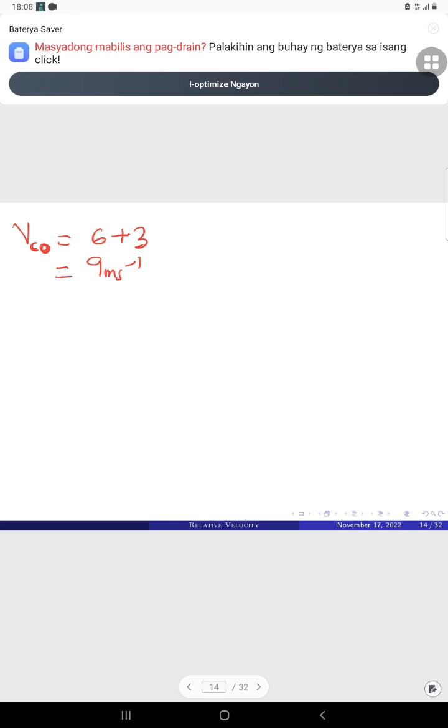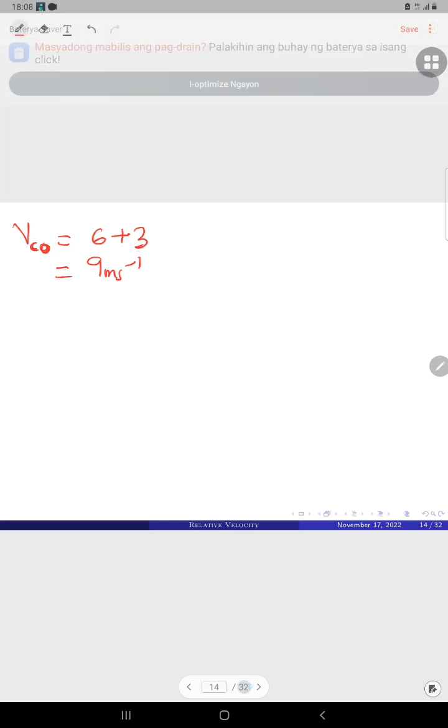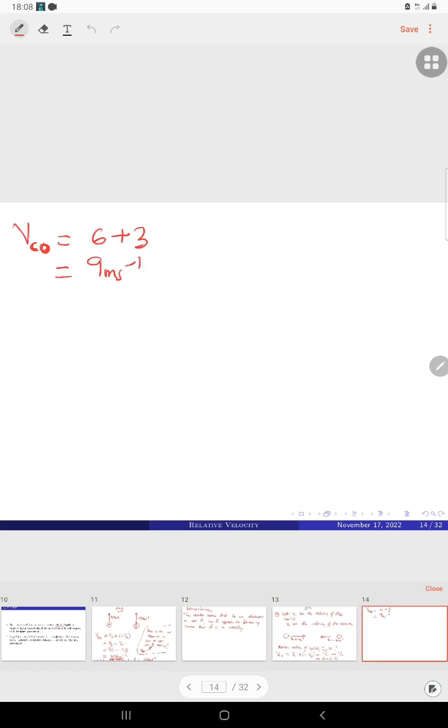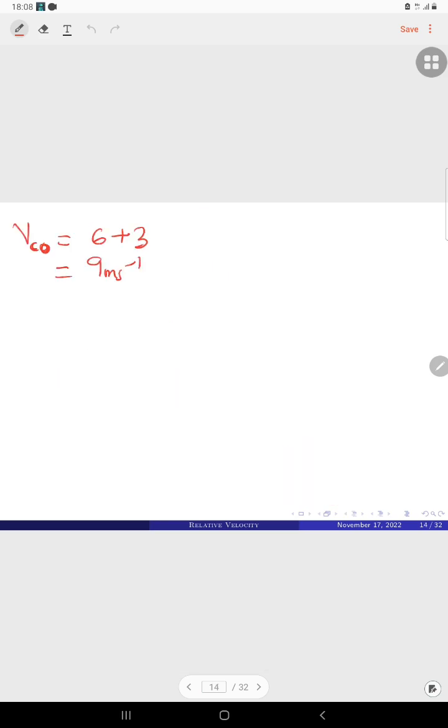It is the same as saying the velocity of the cyclist relative to the observer. But you see that the relative velocity of the cyclist has now become 9. At first, the original velocity of the cyclist was 6, but to the observer, it is 9. So how do you interpret this?